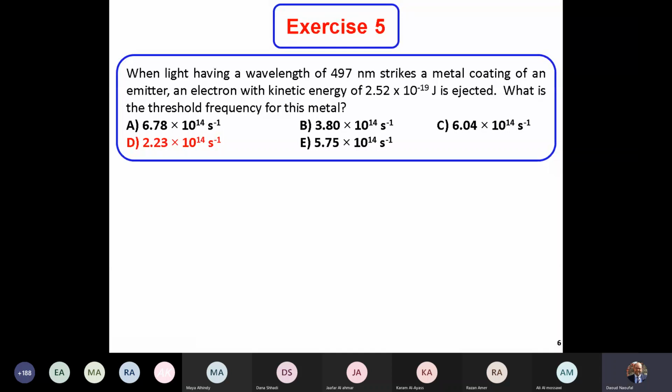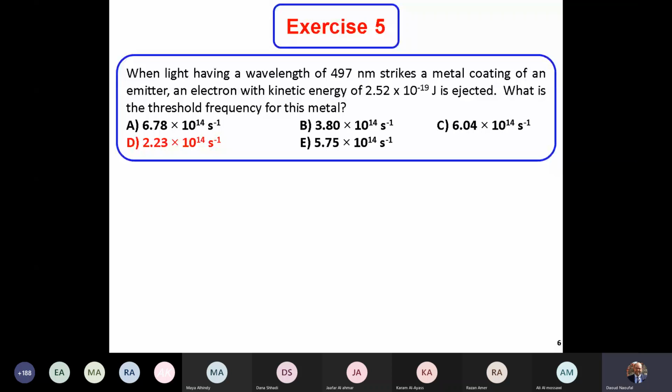The photoelectric effect concept: when a radiation of energy E strikes a metal of binding energy E0, or threshold energy E0, we will have an electron ejected from the surface of the metal, and this electron has a kinetic energy.